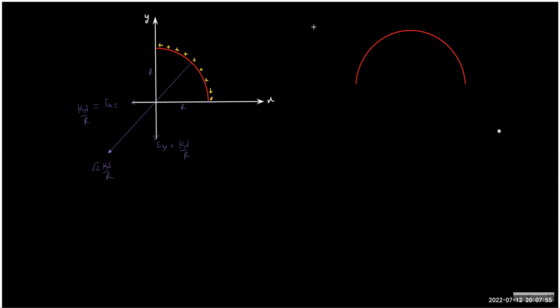So if we have a half ring, you can think of it as two quarter rings, right?